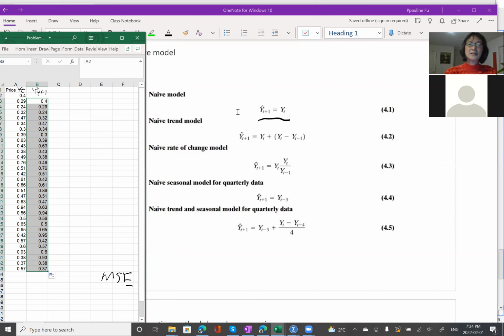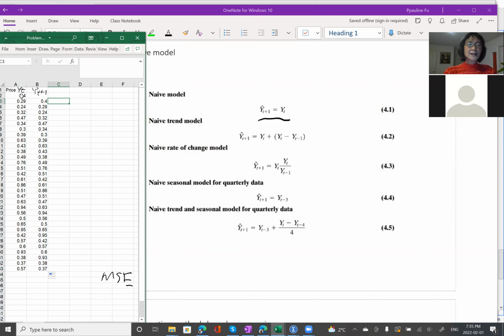Now formula 4.2 says the next period, T+1, equals the previous period, 0.4 is YT, plus the previous period minus the one before it.